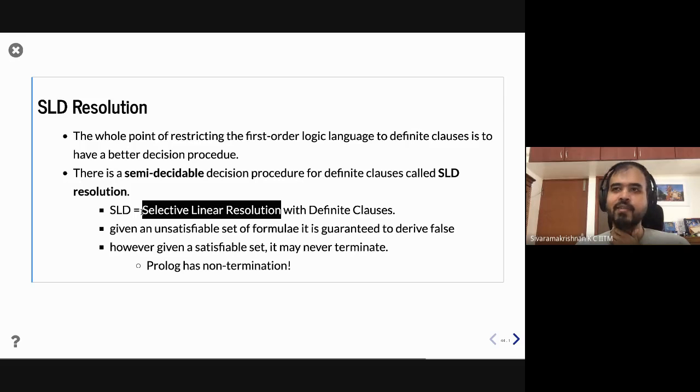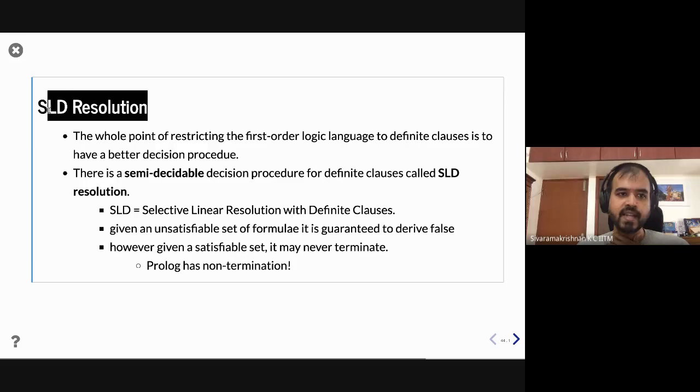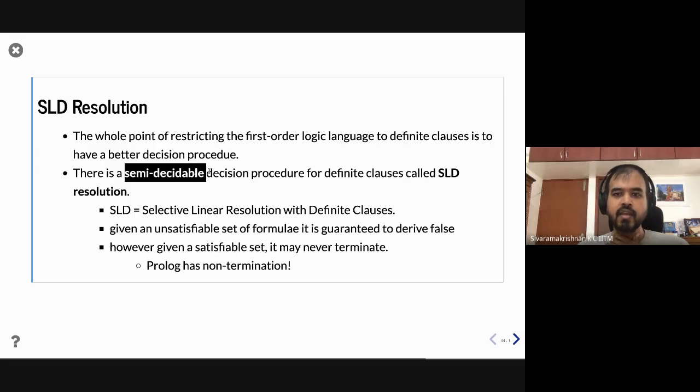I don't know why people choose complicated terms. You take a definite clause program, and then you apply a particular procedure in order to answer queries. Importantly, this particular resolution algorithm, SLD resolution, is semi-decidable.